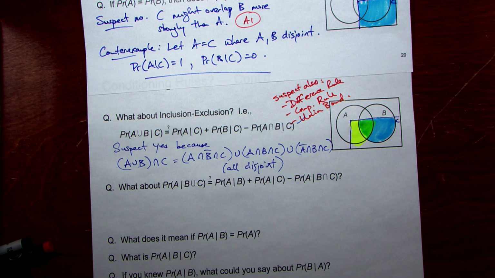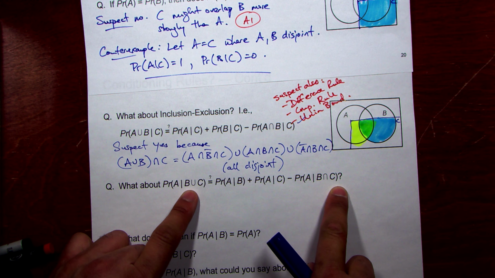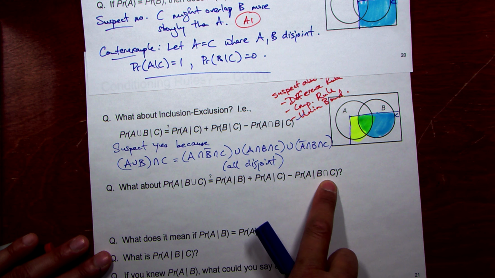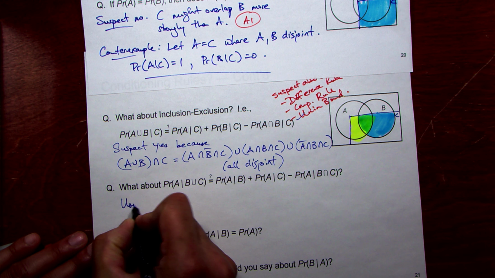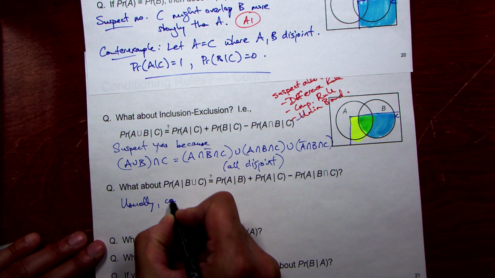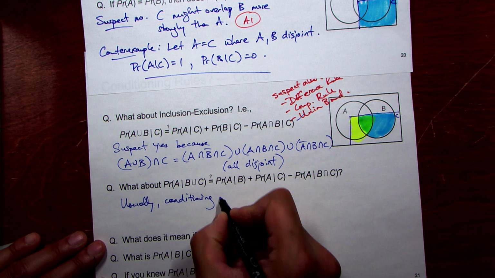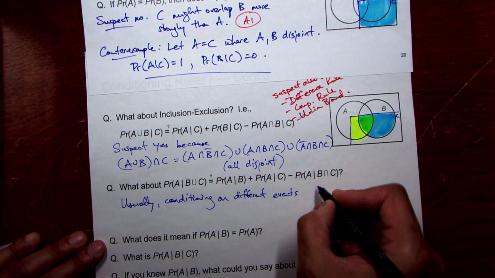If you condition on different things, it's probably not going to work. So be warned that when you put something after the bar that's not the same, it's probably not going to work. In fact, this is all very dangerous in a way: B intersect C might be disjoint, it might give you 0 in the denominator. That's probably not so good anyway. But usually conditioning on different things doesn't hold. So this is like inclusion exclusion, but on the conditioning part, don't do that. Condition on the same thing if you're going to do anything at all.